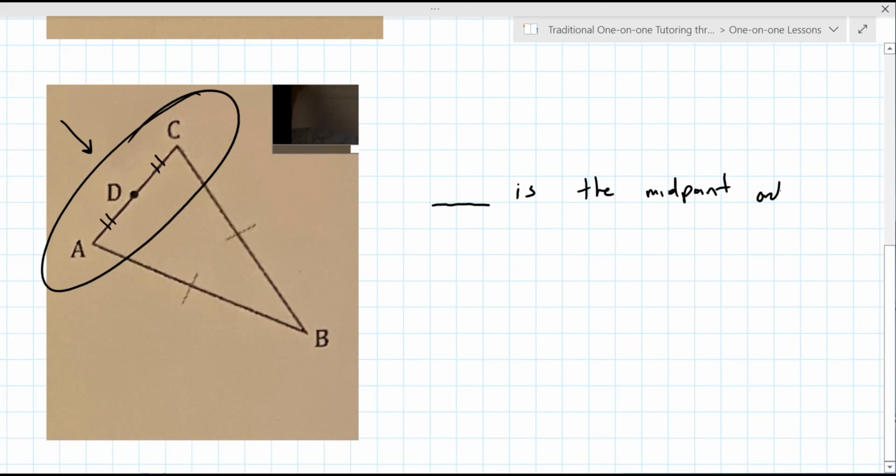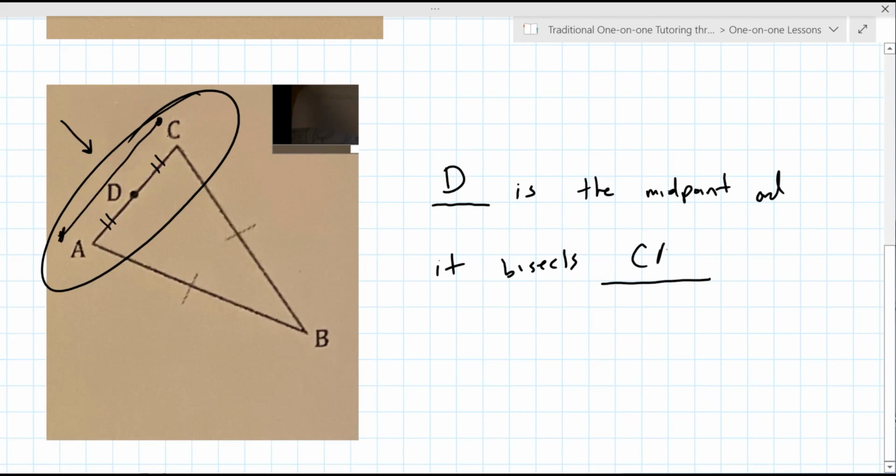And it bisects, and then you have to fill in the blank again. So you've got that point D. D is the midpoint, and it bisects. What is the segment? What are the endpoints of the segment, Sourish? Endpoints of the segment. Yes.